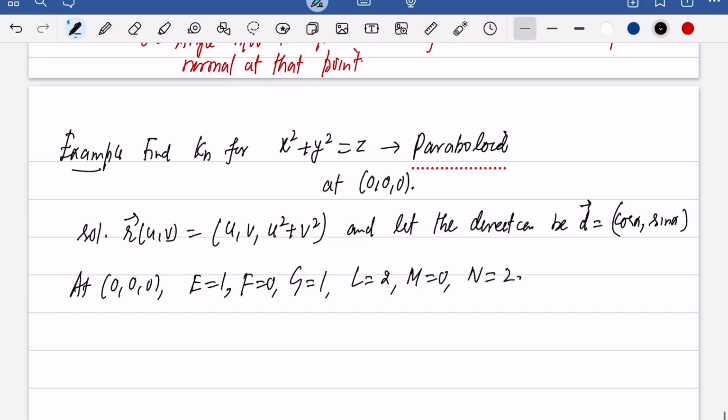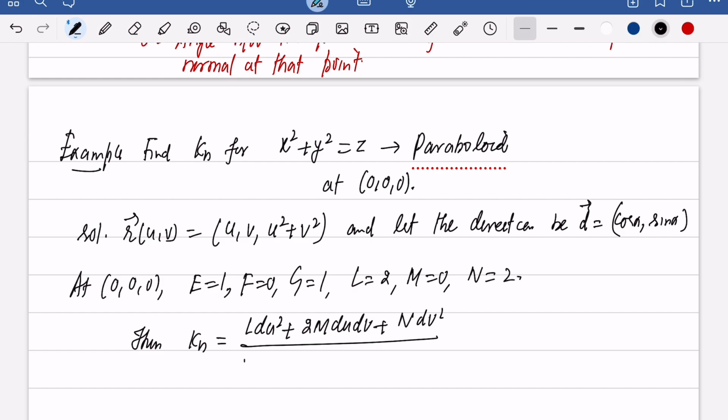I have deliberately left solving these E, F, G, L, M, N as an exercise. Then the normal curvature Kn is equal to L du square plus twice M du dv plus N dv square, whole divided by E du square plus twice F du dv plus G dv square. Now here du and dv are cos alpha and sin alpha, so du is cos alpha and dv is sin alpha, and this finally becomes 2.